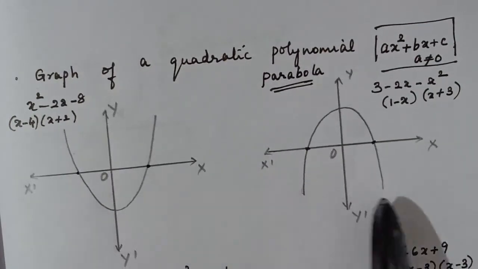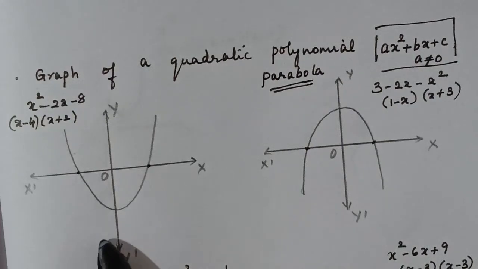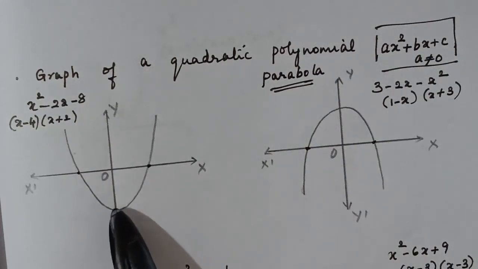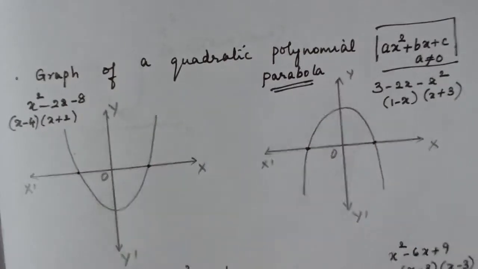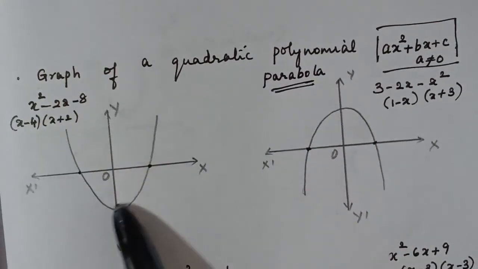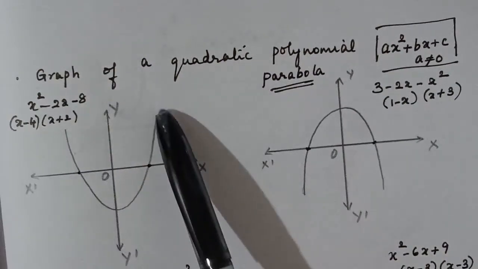Now here you can see two graphs. We will see the first graph. The graph of a quadratic polynomial is a U-shaped curve called a parabola. What is the name of this graph? Parabola. It will be of U shape.